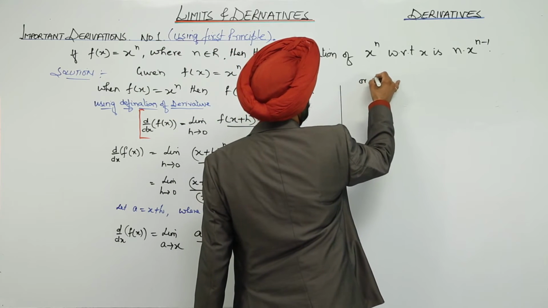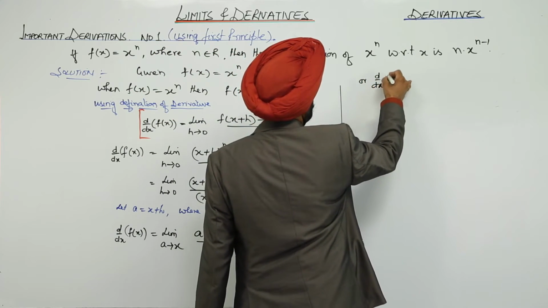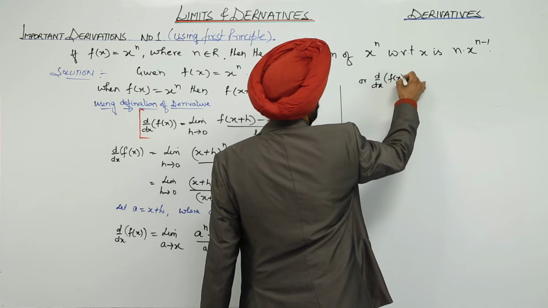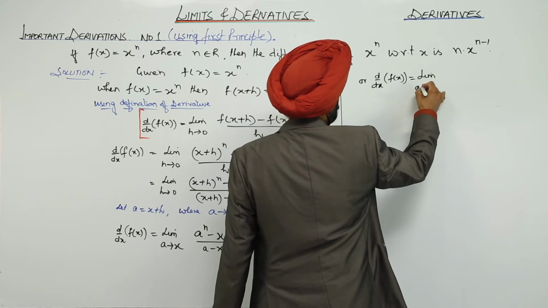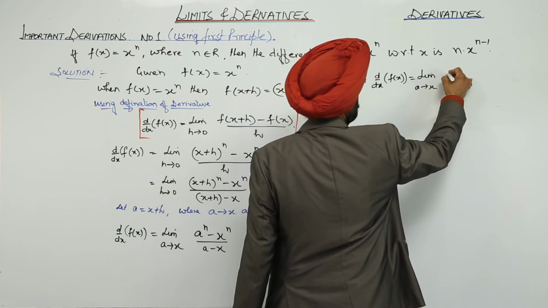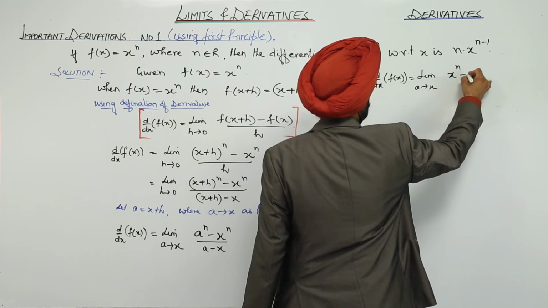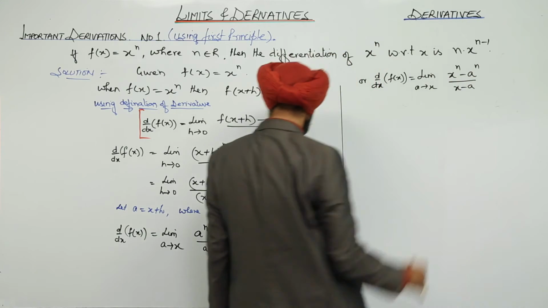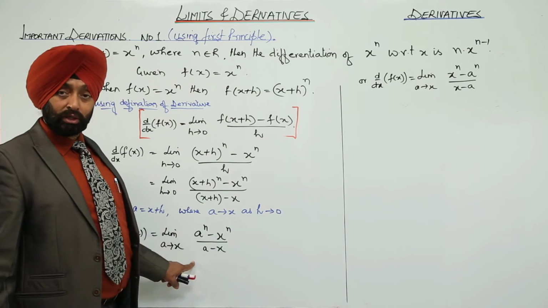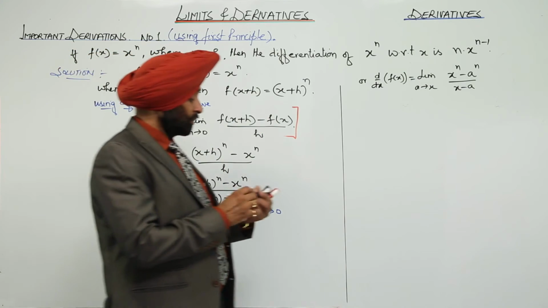Or we can write d by dx of f is equal to limit a approaches to x of x raised to power n minus a raised to power n upon x minus a. One and the same thing.